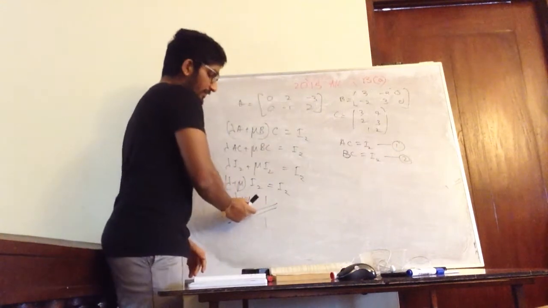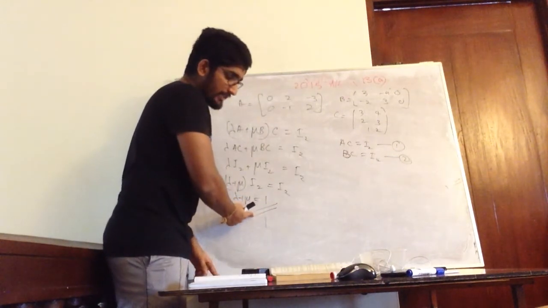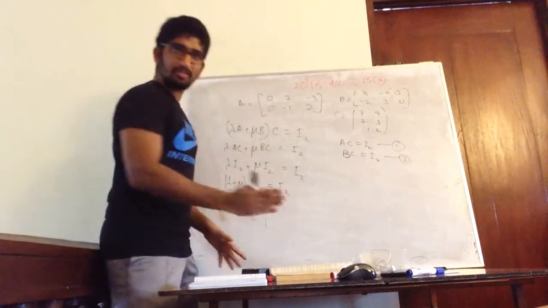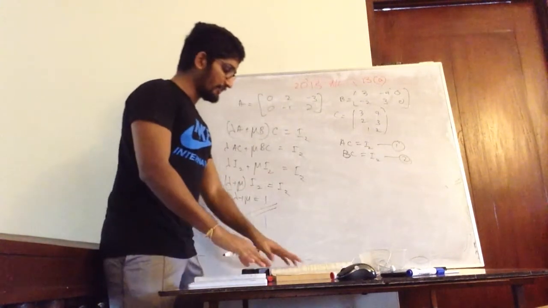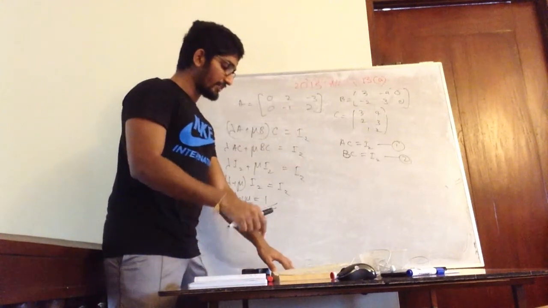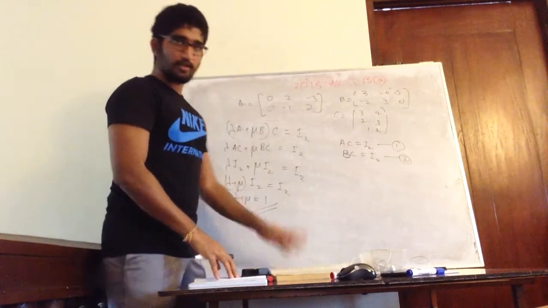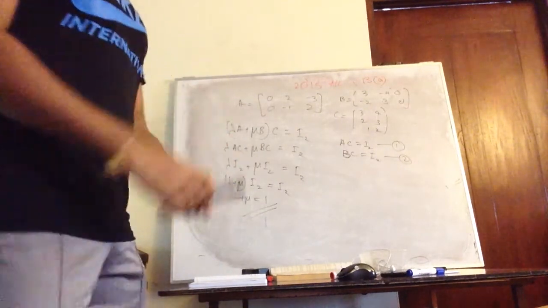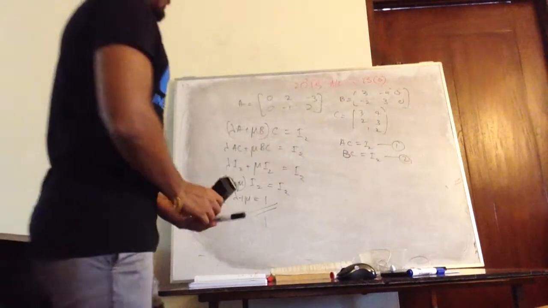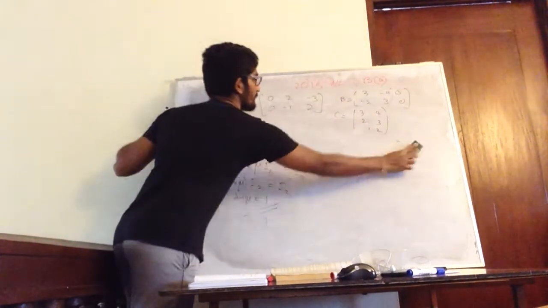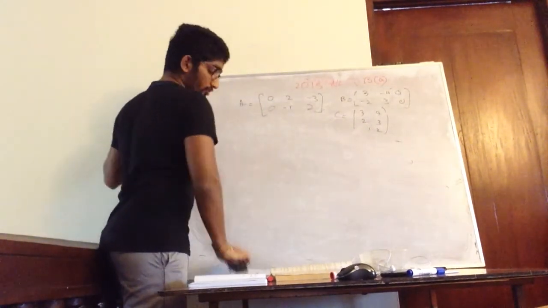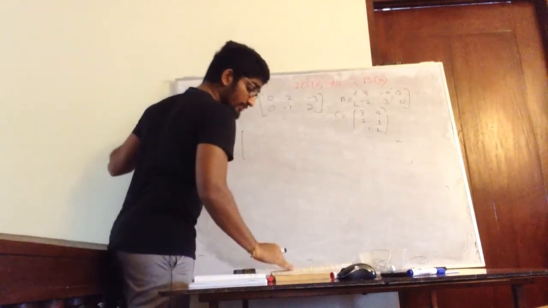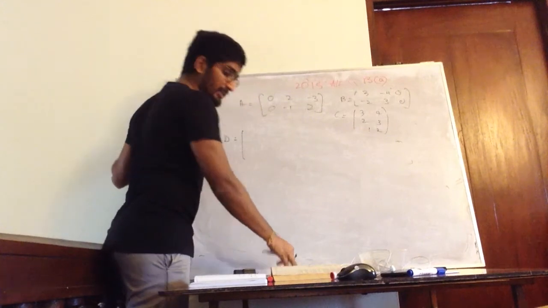So this is the equation connecting lambda and mu. That is one part of question 3. The next part is giving an expression for D. Write this down first, then we'll do the next one. Then they are saying express the matrix D in terms of A and B.